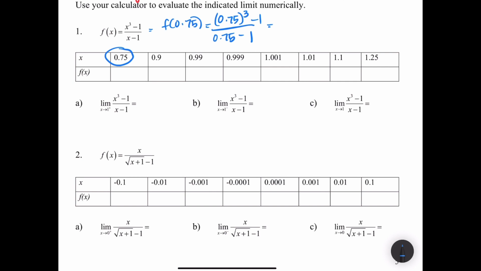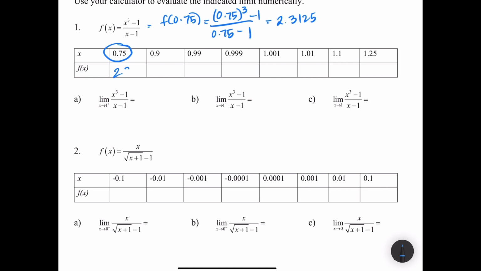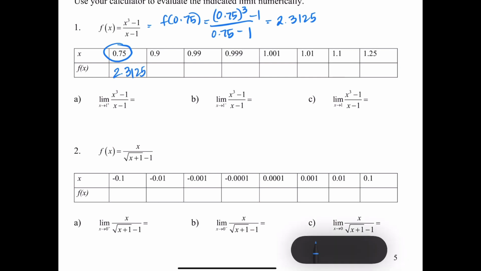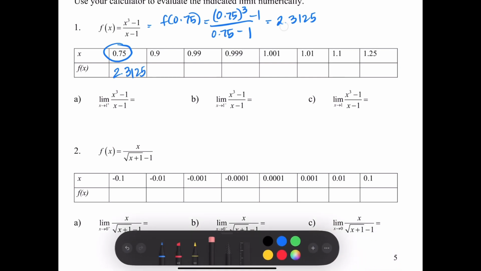Now, if you use a calculator, I already did use a calculator, but you can definitely try to do this on your own and just double check you get the same numbers that I do. I got 2.3125. So this value goes into here. And I would repeat this exact same process for all of these x values.